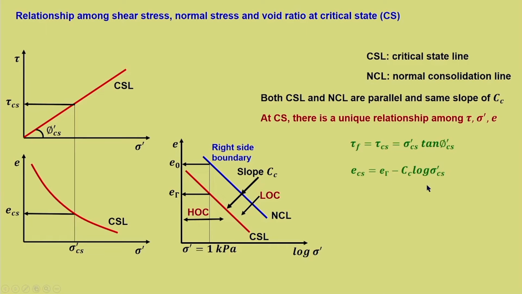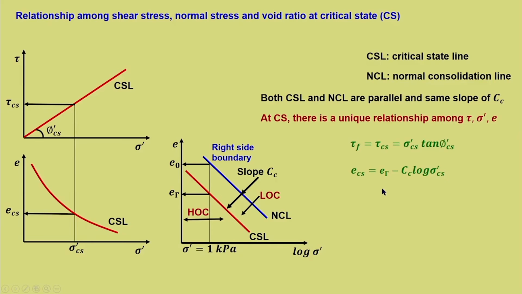And this is a new expression which takes into account the volume change aspect of soil, where we can write e critical state. We are referring to void ratio along this critical state line, which is equal to the starting point at 1 kilopascal, that is e gamma, minus Cc log sigma dash CS, that is sigma dash along the critical state line.